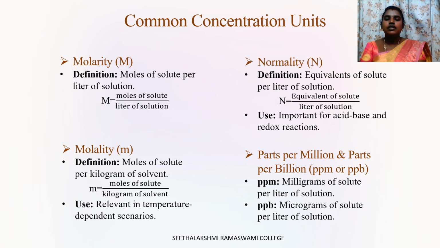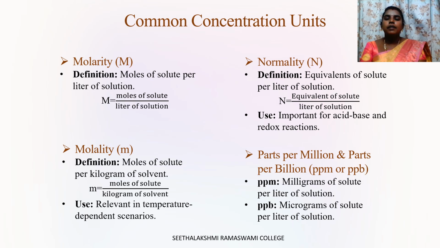The third one is molality. Molality defines the moles of solute per kilogram of the solvent. It is usually indicated by the small letter m, which is equal to moles of solute divided by kilogram of the solvent. It is usually used in temperature dependent scenarios.